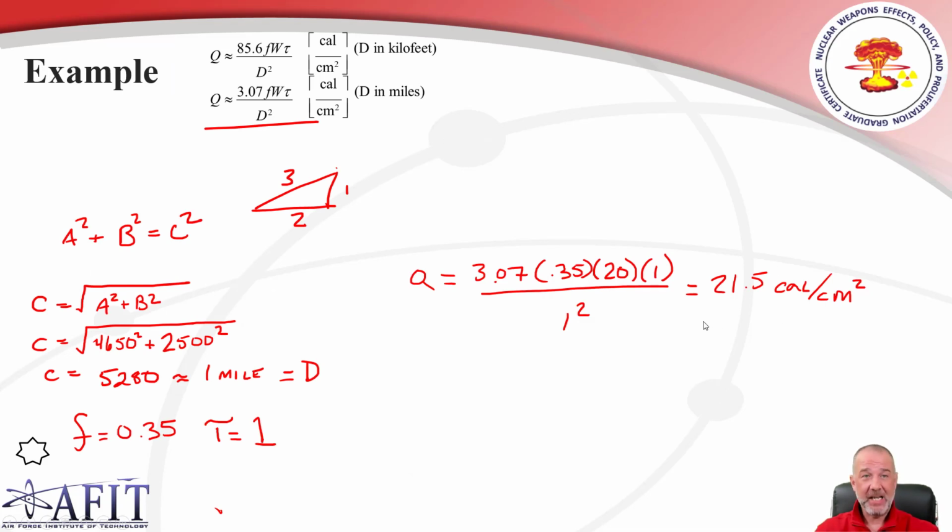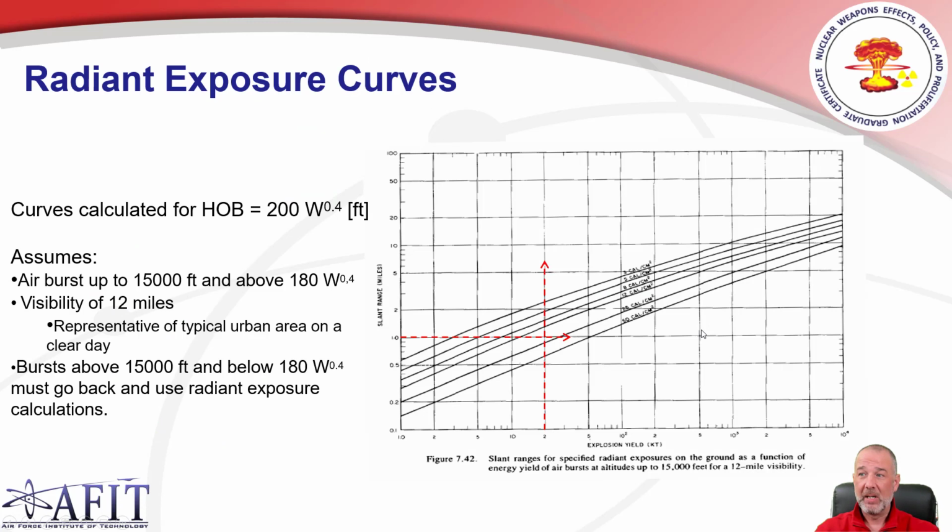So we calculated exactly, but we can use our graph if, again, our weapon falls within these very strict parameters with respect to height of burst. We can just estimate it by drawing some lines on a plot. So more than one way to estimate these things that we're interested in when we're talking about nuclear weapon effects.